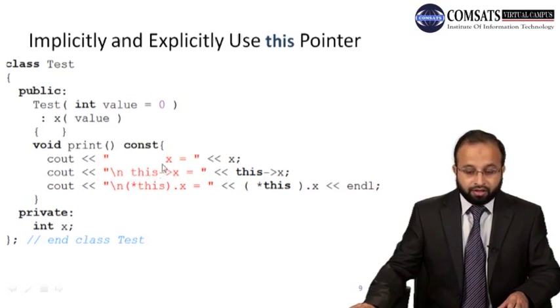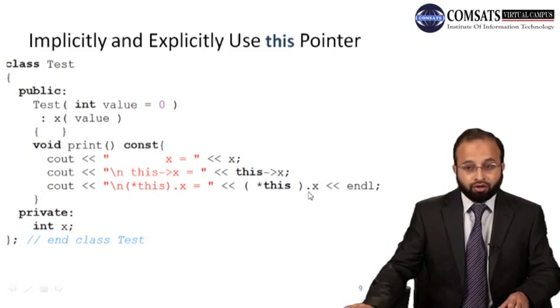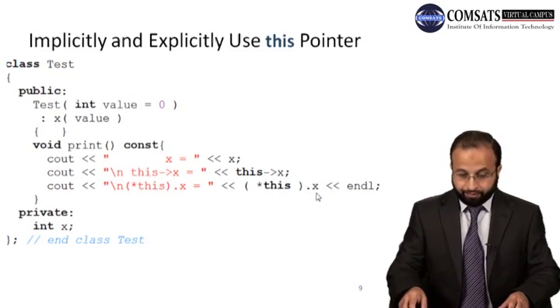Now you can use it explicitly or implicitly, right? In the first cout we directly access the value of x. Here the this pointer is actually used implicitly, but here we explicitly mention that we are using the this pointer to access the value of x. You can write this->x, or you can dereference the pointer by (*this), then use .x, right?